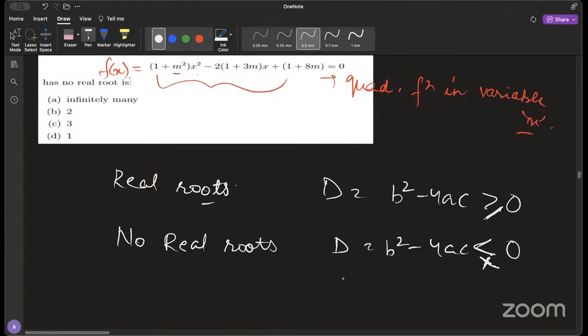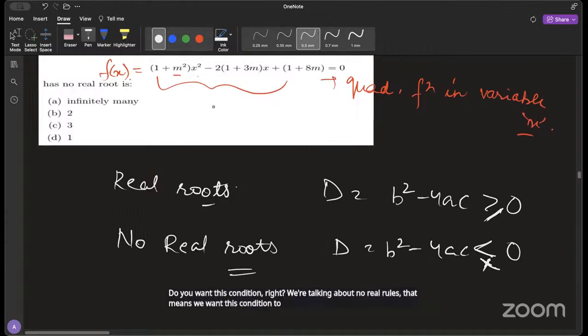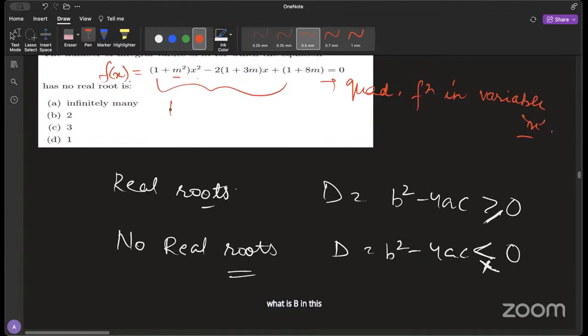So you want this condition, right? We're talking about no real roots. That means we want this condition to be true. What is b in this equation? b is minus 2 times 1 plus 3m, right? Your a is 1 plus m square and c is 1 plus 8m.